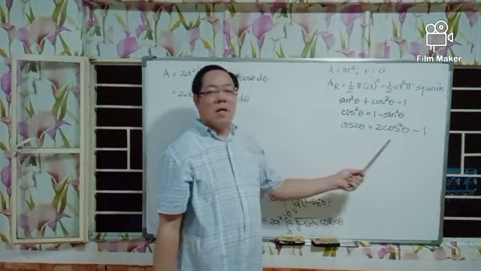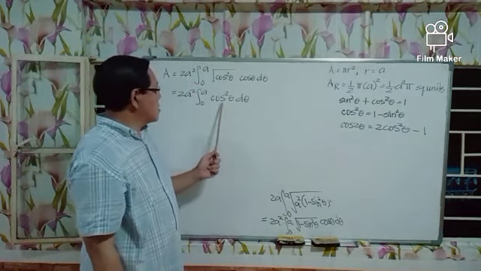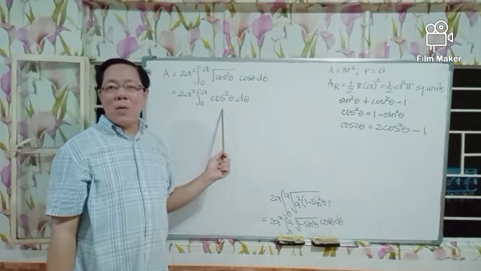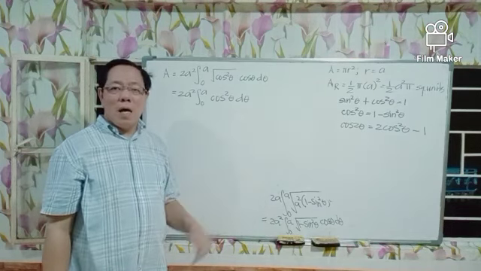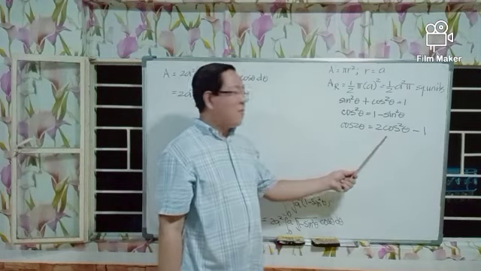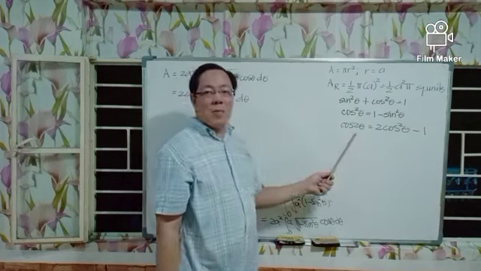And from this identity, we solve for cosine squared theta. We want to replace cosine squared theta with an equal quantity. So we solve for cosine squared theta from this trigonometric identity for cosine of twice an angle.